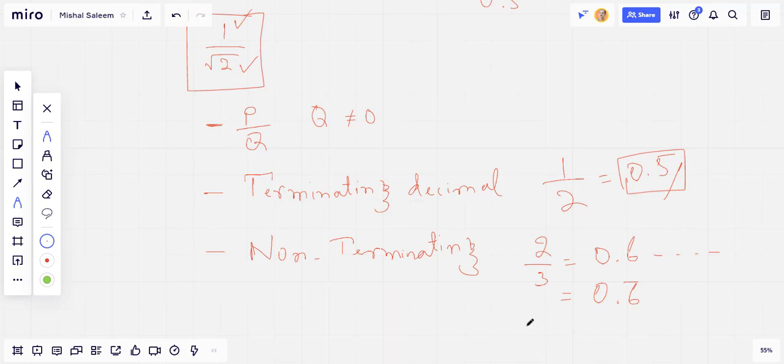Non-terminating means that after the decimal point, the digits are infinite, limitless. So if a number is non-terminating, then it must have the repeating or recurring decimal property.